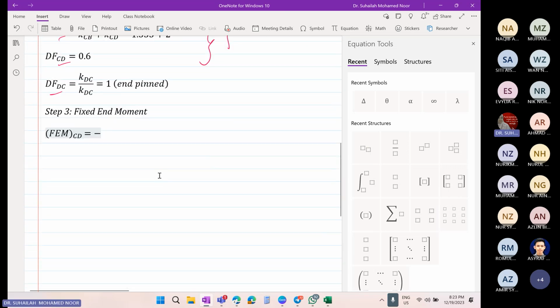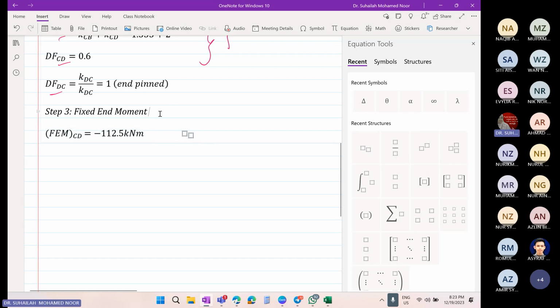This is 112.5 kilonewton meter. And the other one is FEM DC.